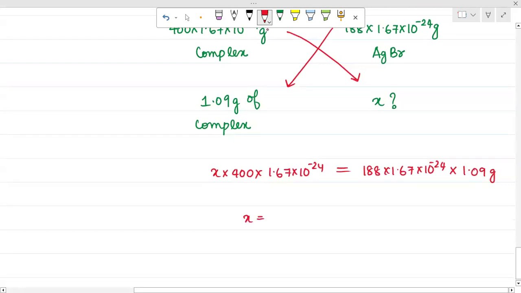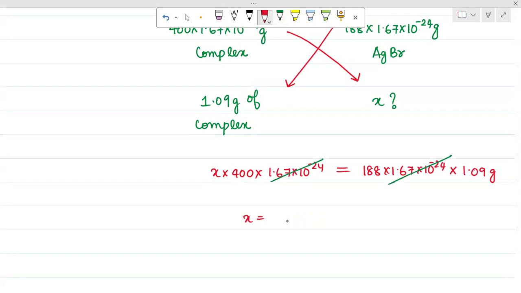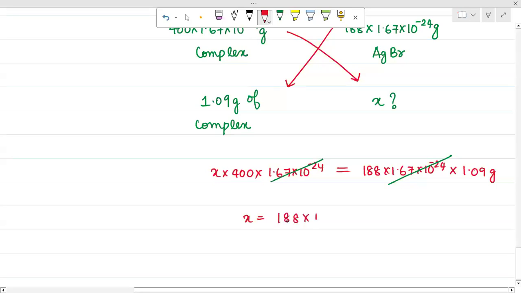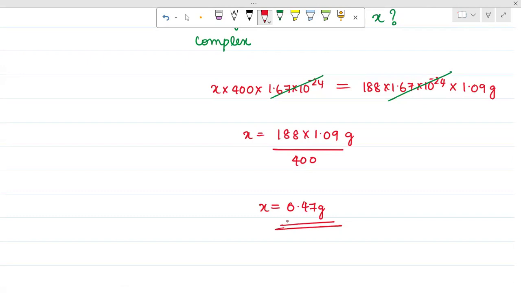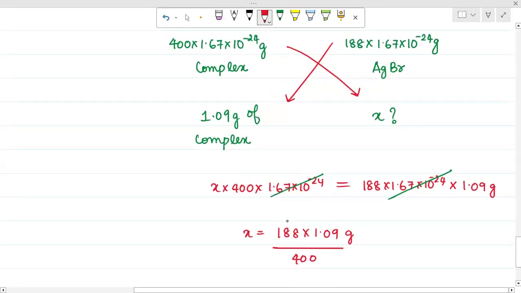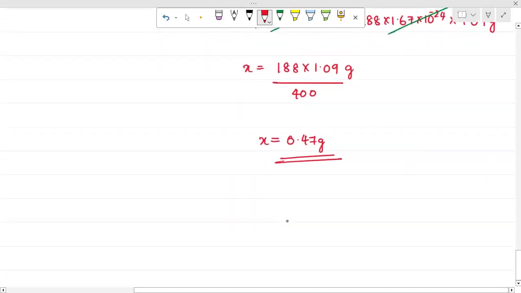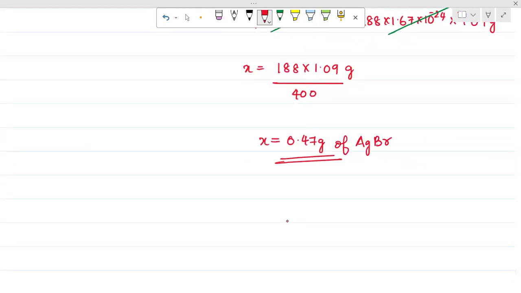Now, x is equal to 188 into 1.09 grams divided by 400, as the 1.67 will get cancelled. And you will get this as 0.47 grams. So if it was in the ratio of 1:1, from 1.09 gram of complex you would have got 0.47 grams of AgBr.